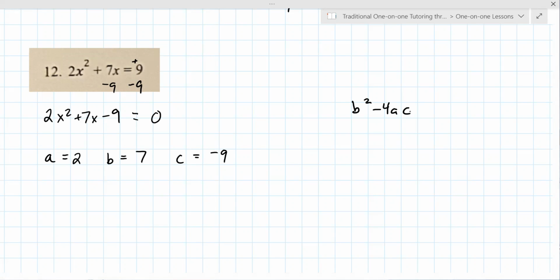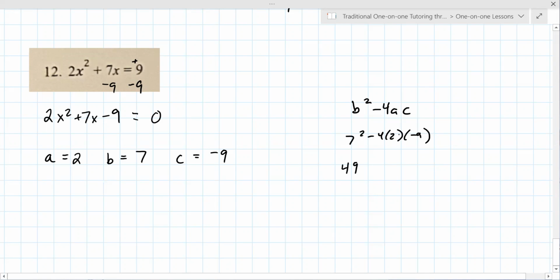That is 7 squared, A is 2, and C is -9. What is 7 squared? 49.